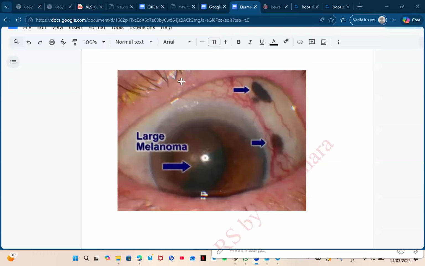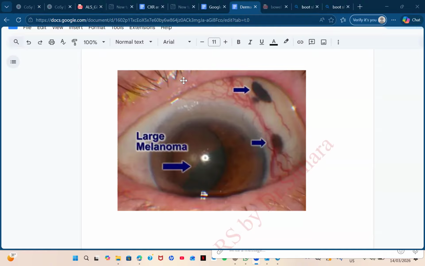The answer was some referral, I think to an ophthalmologist or ocular surgeon. I can't remember properly, but something to refer. If you see any ocular melanoma, always go with referral. We are not going to do the biopsy or excision here.